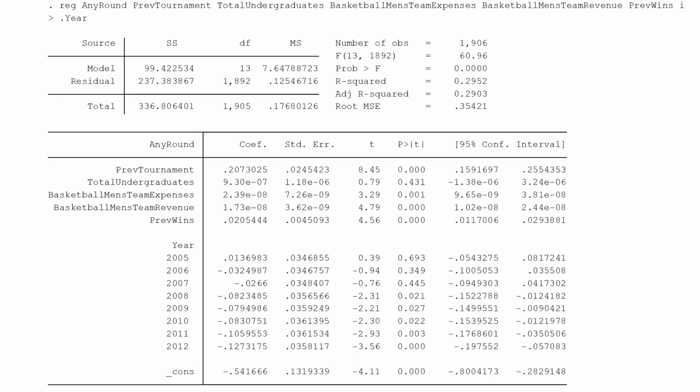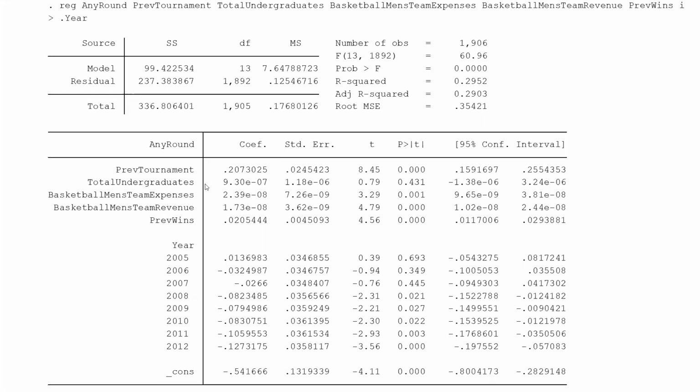What's the effect of that on whether or not they make the NCAA tournament, with this y variable? As we include these additional controls, it gives us a lot more power. Our statement has a lot more weight, because this thought experiment is you're getting two otherwise identical-looking schools, but one of them spends $1 more on their program. What's that effect? So it's a lot more powerful when we can include these additional control variables.